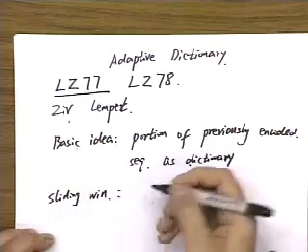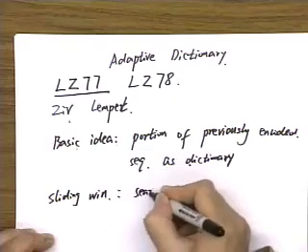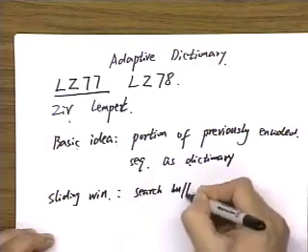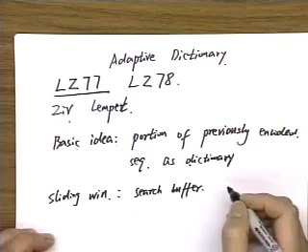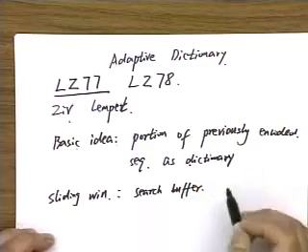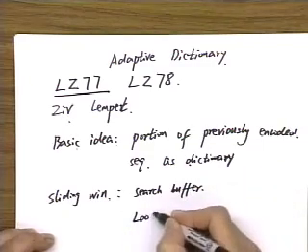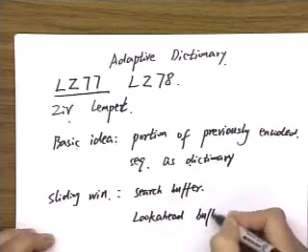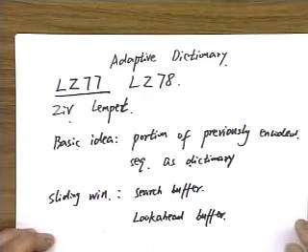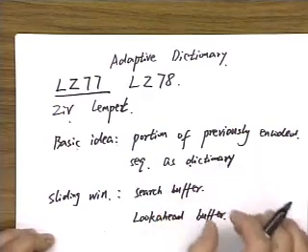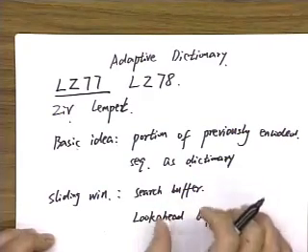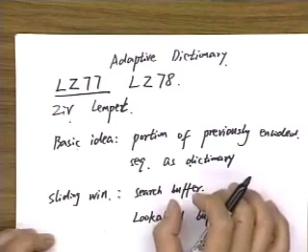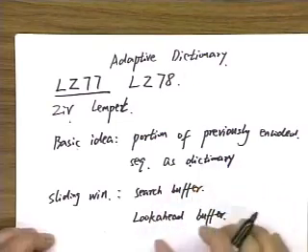So we have two buffers. One we call the search buffer. This is a portion of the previously encoded sequence and serves as the dictionary. And the other buffer we call the look ahead buffer. These are the symbols which are not yet encoded, and we'll search from the search buffer and match. We'll match the patterns from the search buffer to the look ahead buffer and encode the look ahead buffer.